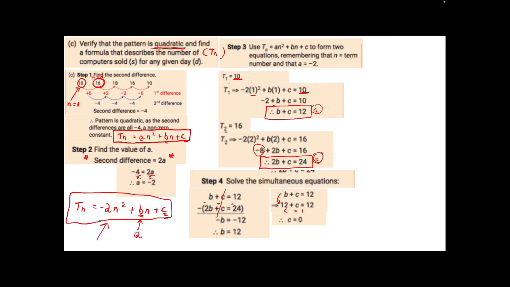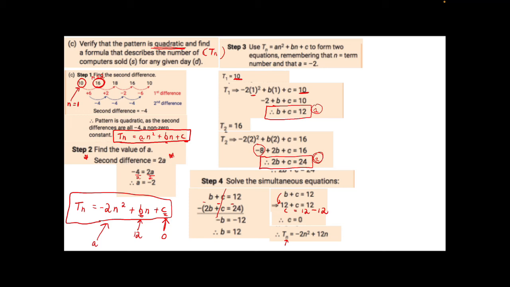So c will be 0. And this gives us our general equation of Tn equals minus 2n squared plus 12n. So we can find the value of any term in our sequence by substituting in the term number to our equation.